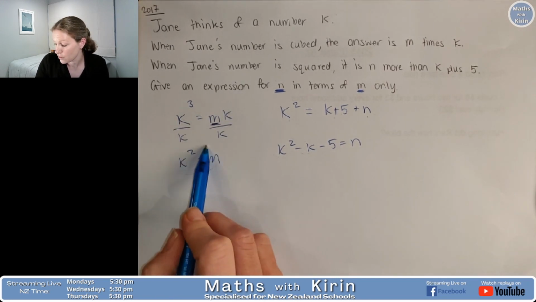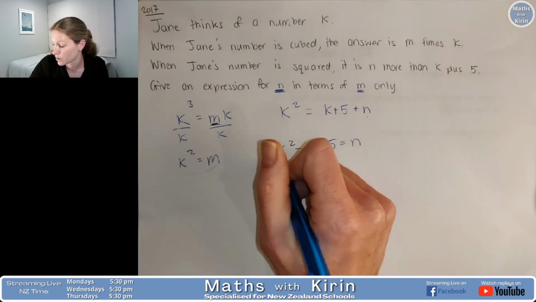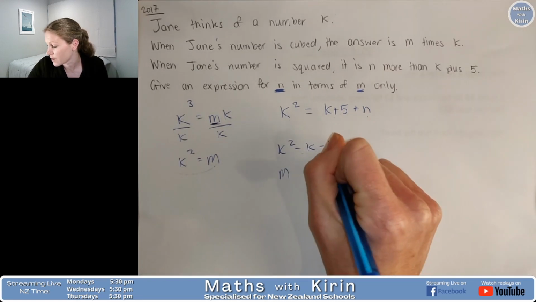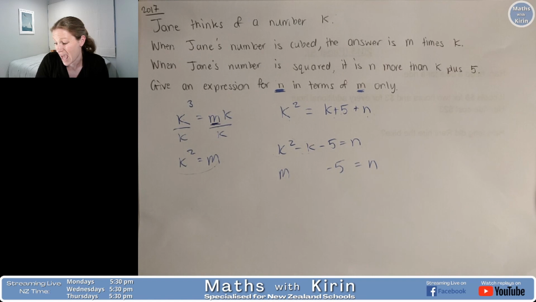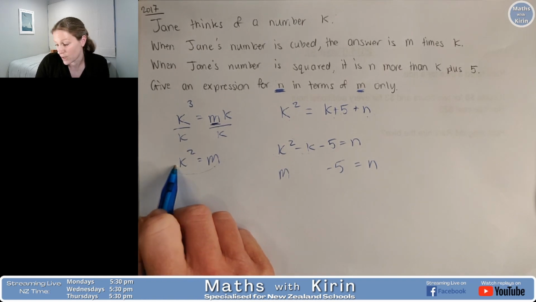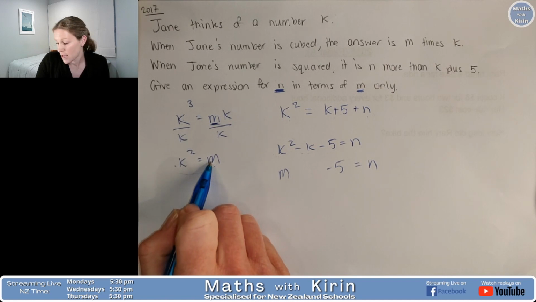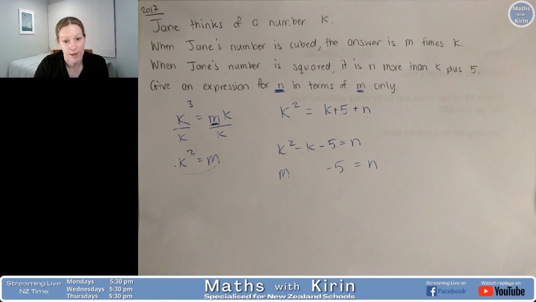So from here, we know that k squared is actually equal to m, so we can already replace this. We know that that's going to be an m. We still have our minus 5, and we still have our n. We need to find k. We're going to use this to do that. If we know that k squared is equal to m, then we can undo the squaring in order to get k by itself.